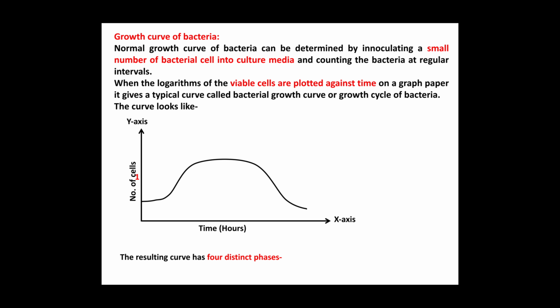The first phase is the lag phase, the second phase is the log phase, the third phase is the stationary phase, and the fourth phase is the death phase. So these are the 4 phases in the growth of bacteria. Let's see them one by one.